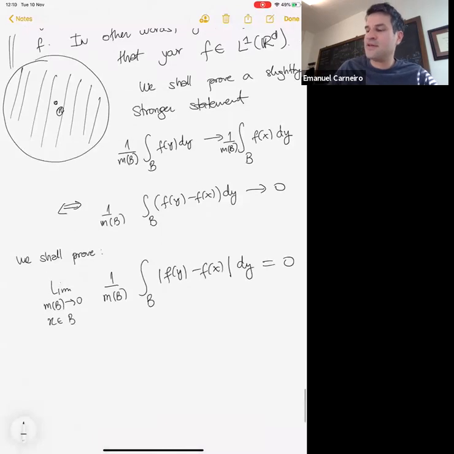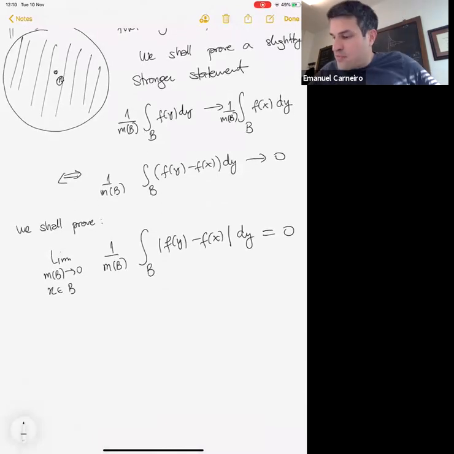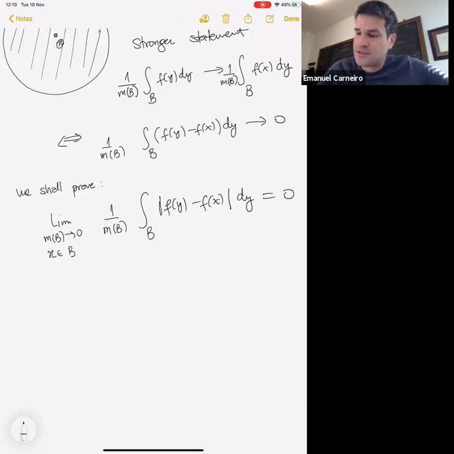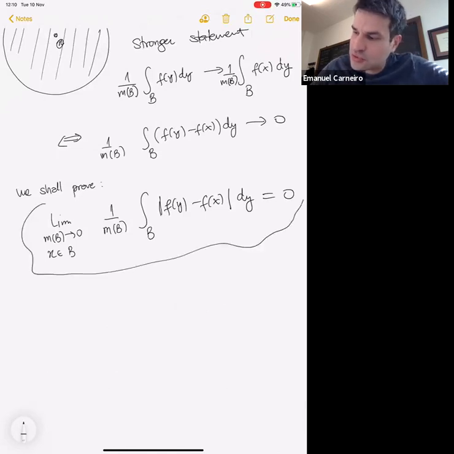This is it. If I prove this with the absolute value, of course, the integral without the absolute value inside loses in modulus to this one and will also go to 0. Okay, so this is what I want to show.